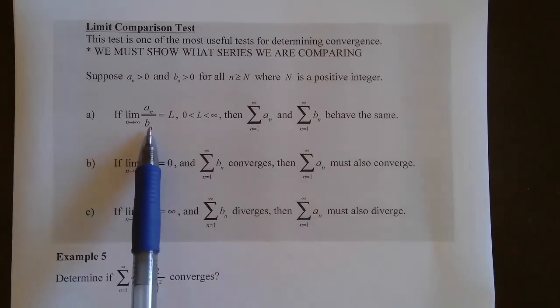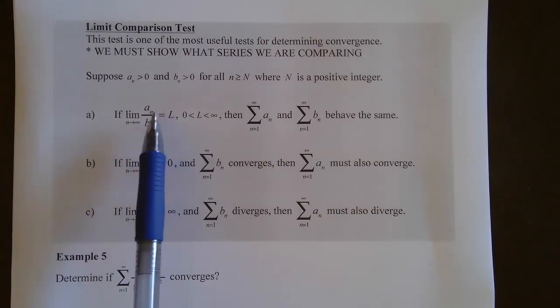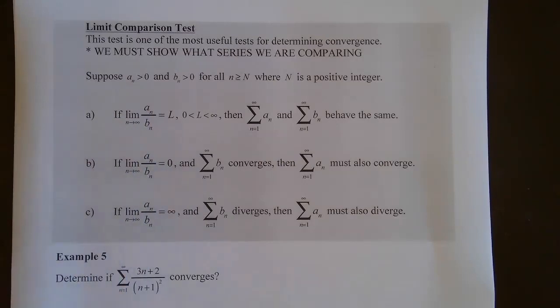So b sub n is the one that we're going to know about. If b sub n converges and we get a number here, then a sub n also must converge. If b sub n diverges, then a sub n must also diverge. So they're doing the same thing. They're either both converging or they're both diverging.